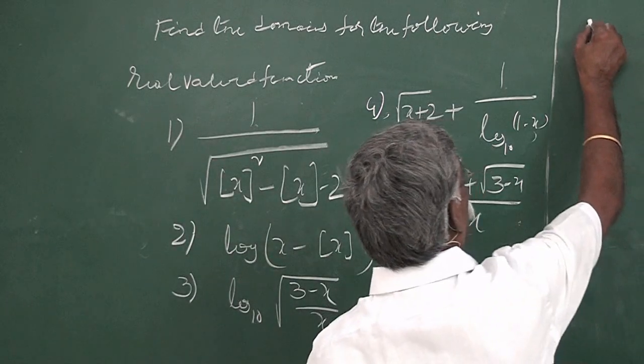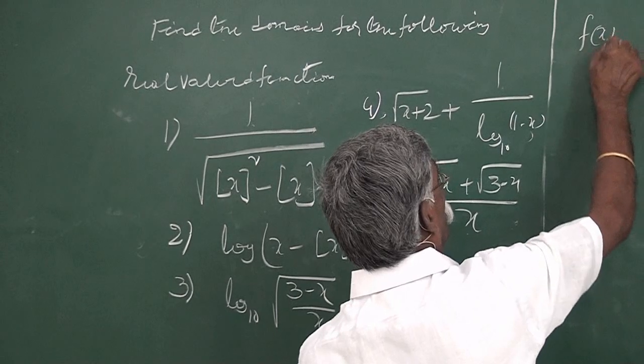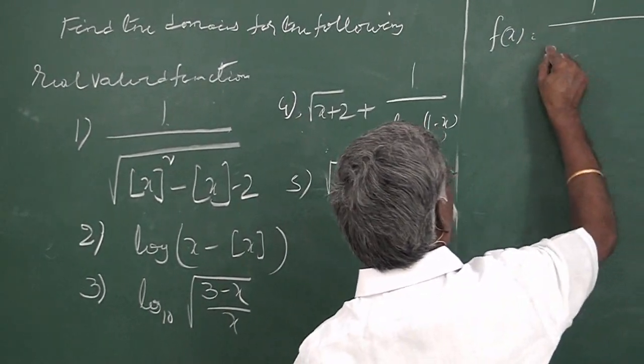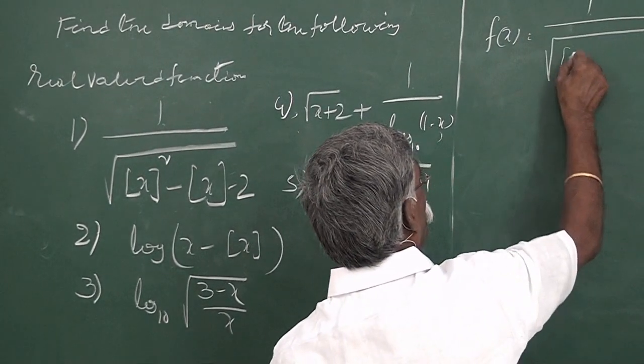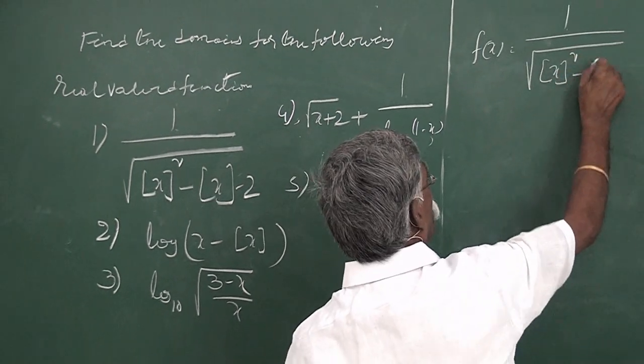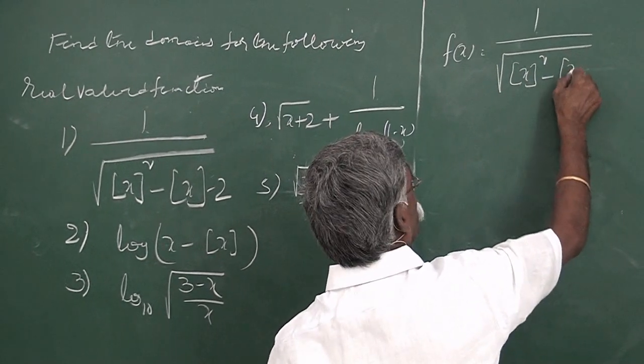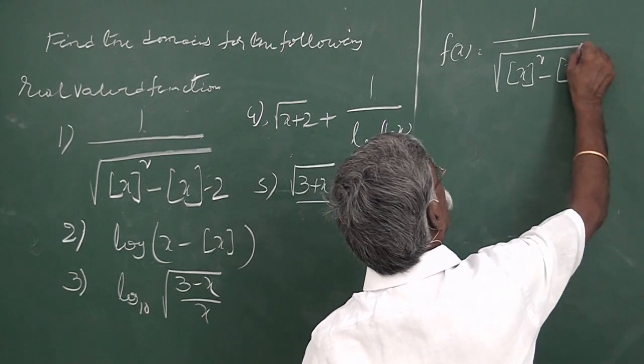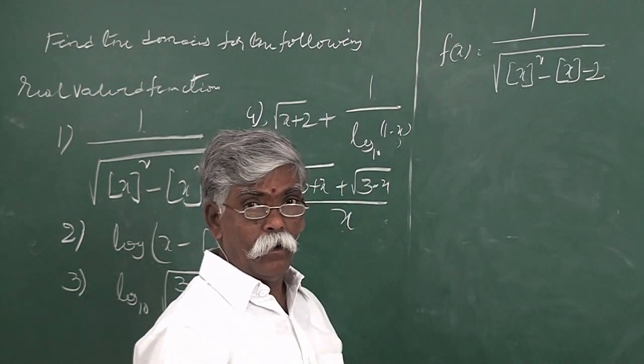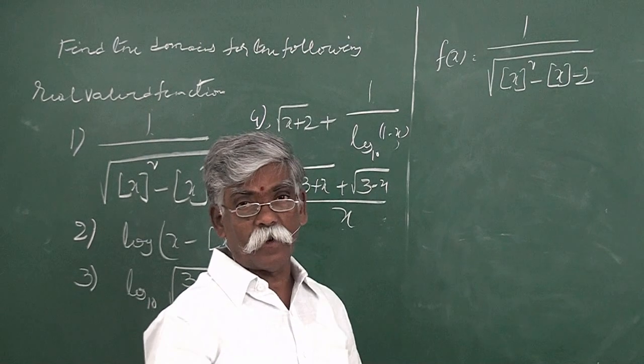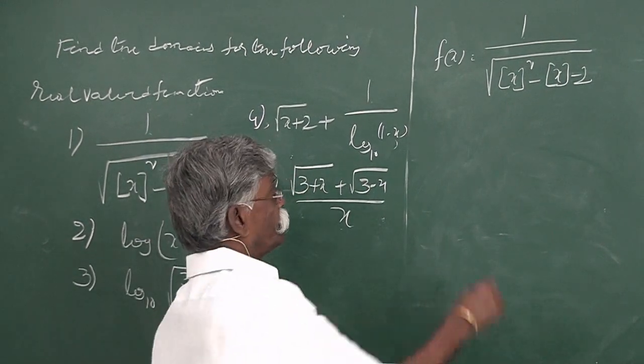Now, the first one, f of x is equal to 1 by square root of [x] whole square minus [x] minus 2, and we very well know that [x] is the greatest integer function.